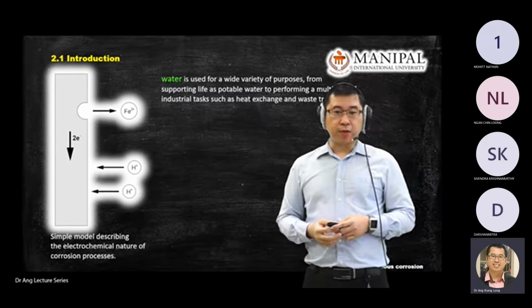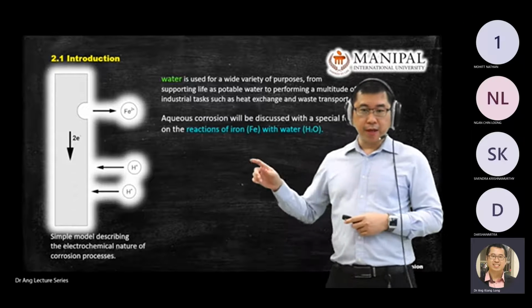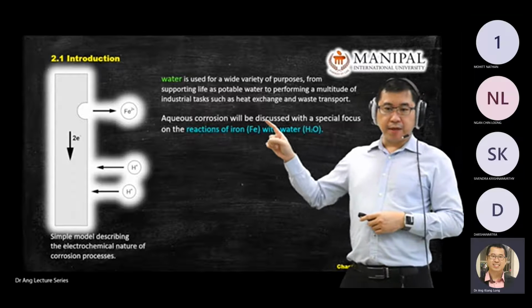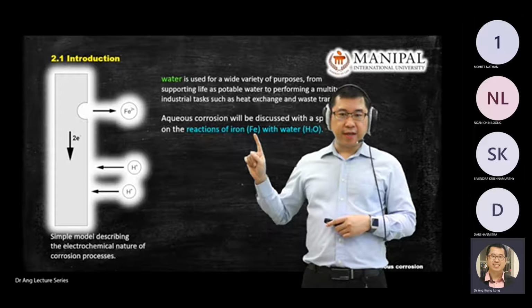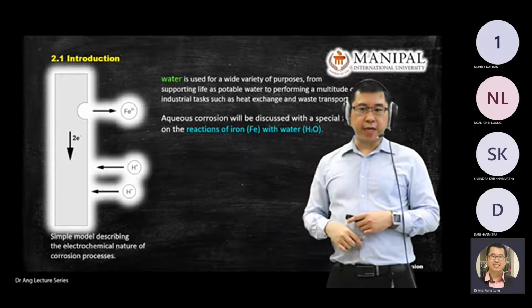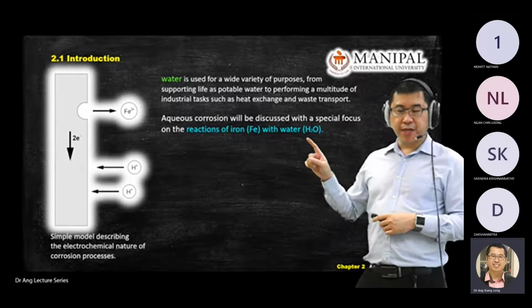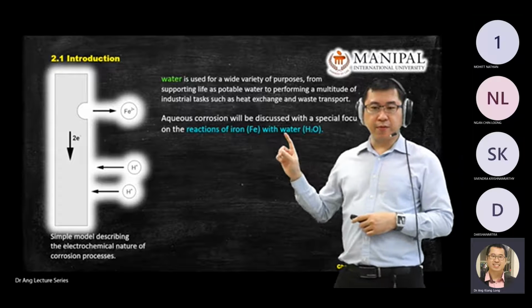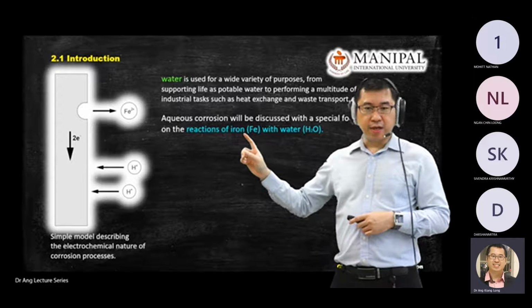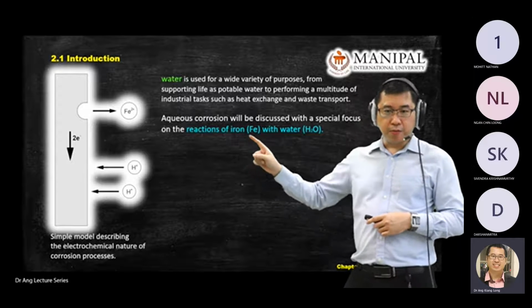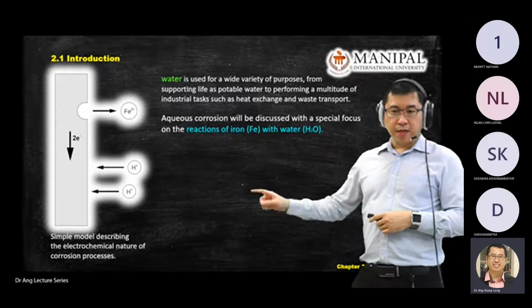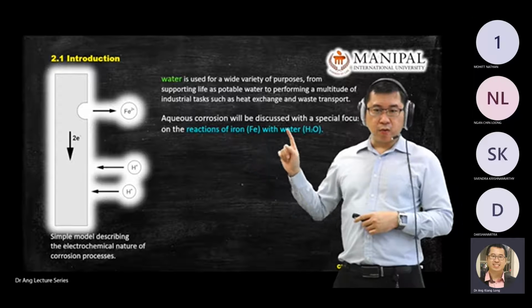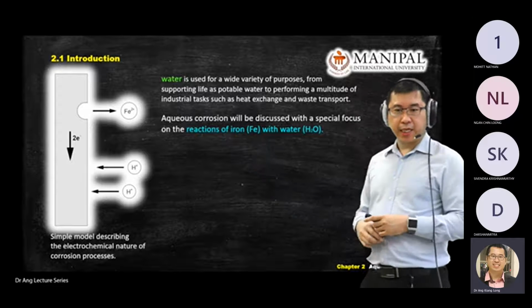So we start with water, and then what happens if we have water and metals put together? We will specifically start with water and metal, or more specifically, we use iron, right? So what happens if iron and water mix together?